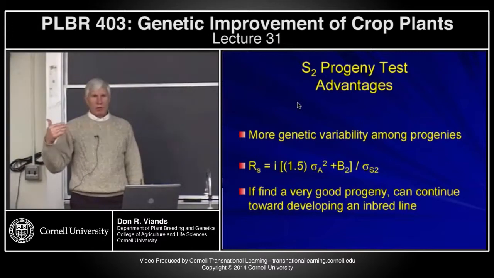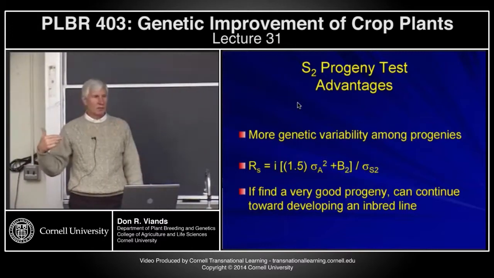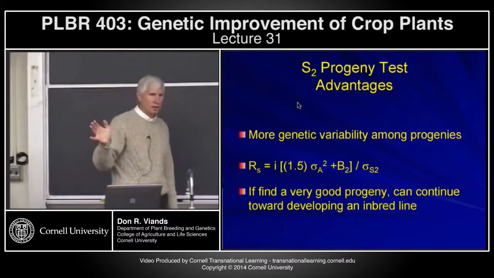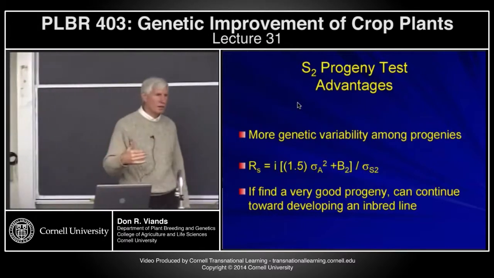Another advantage, I don't have it written here, but just like the S1s, you can uncover some deleterious recessive alleles and discard them from the population. Even easier among S2s than you did the S1s.